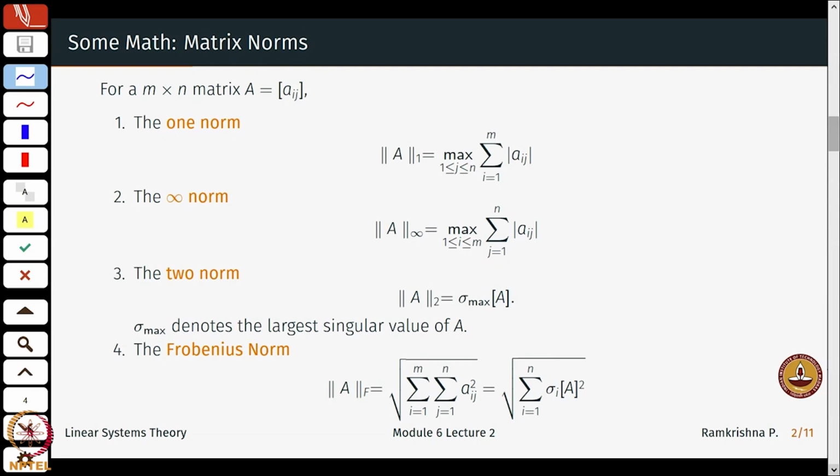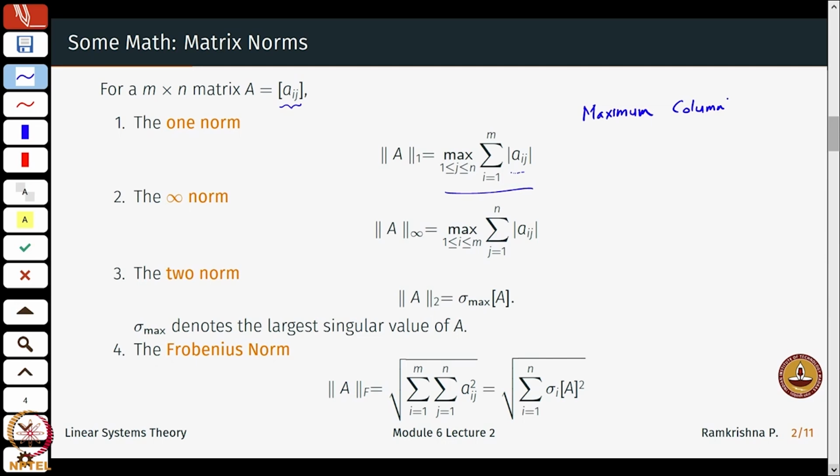For any m cross n matrix A, each element of A has the form a_ij. The one norm is defined in this way: I am looking at the summation over the columns, the maximum column sum of the matrix.